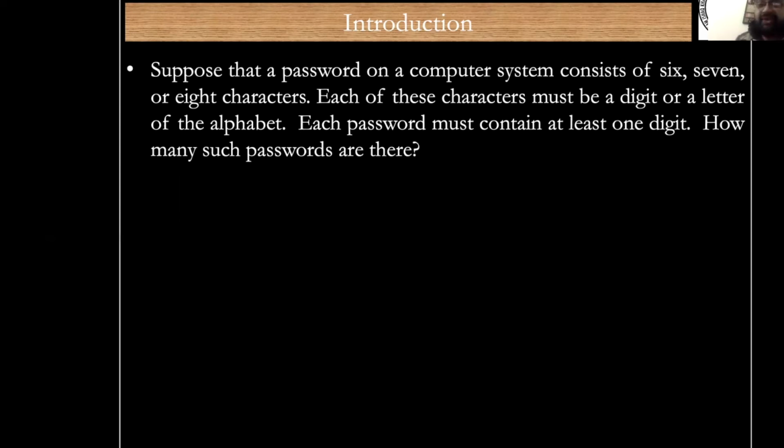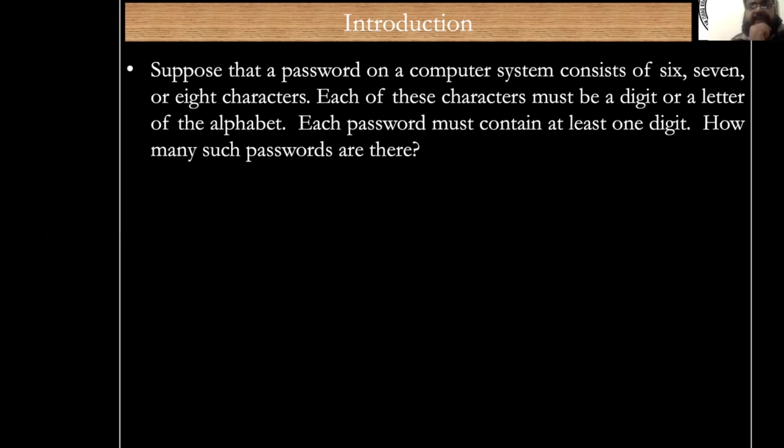If you take that assumption, then there are 26 letters and 10 digits. If you differentiate between capital and small letters, then there are 52 options for letters plus 10 options for digits. So 52 plus 10, 62 different options.